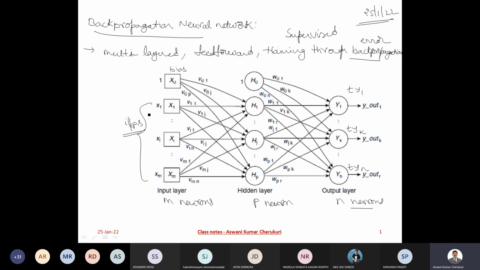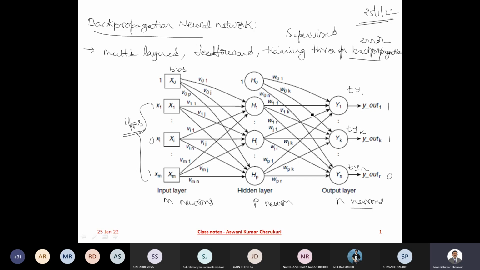Imagine you are giving some input like 1, 1, and so on, say 0, and 1. For that, the target may be say 1, 1, maybe 0, something like that, depending upon the number of nodes in the input and output. So the targets are all fixed.